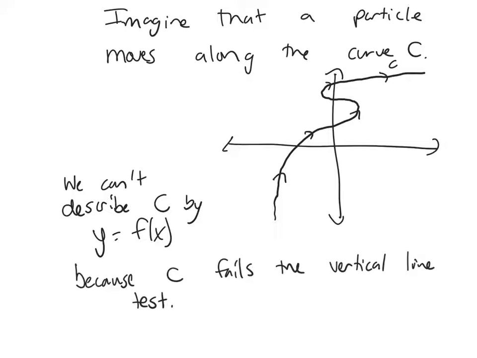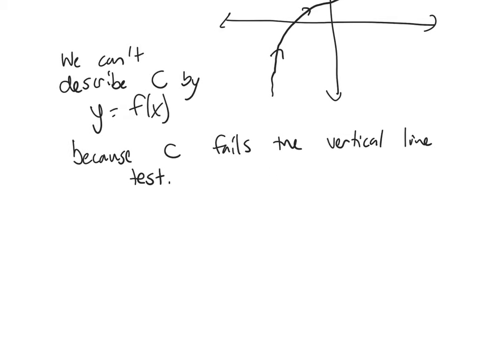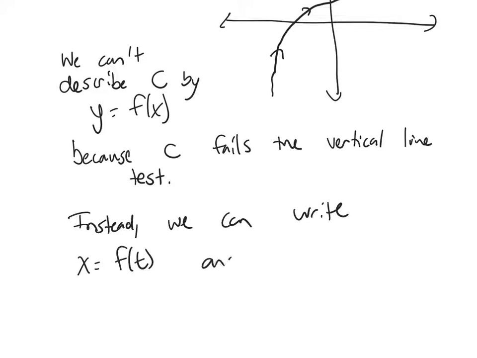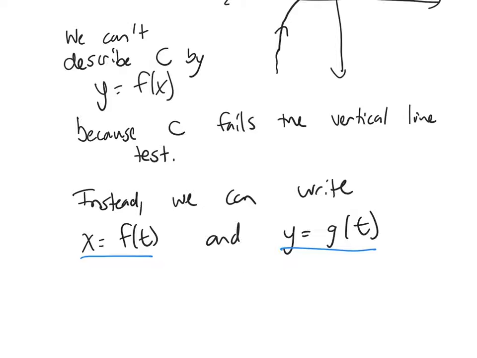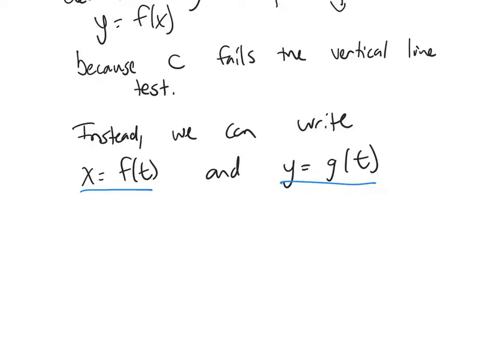So basically what we can do instead is write x as a function of t and y as a function of t. So think about t as being a variable corresponding to time. And so your position x depends on time and y depends on time. And these are called parametric equations.